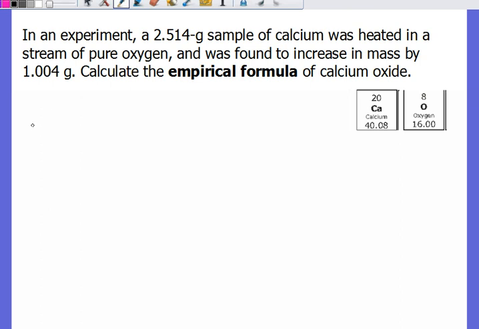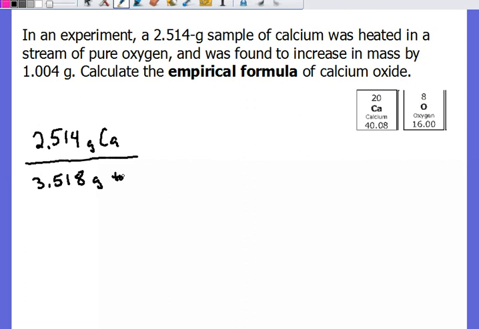So you have 2.514 grams of calcium out of your total mass, if you add those two together, of 3.518. That's the total mass of the compound that's produced. And the other part comes from oxygen, so you have 1.004 grams of oxygen out of your 3.518 grams total.